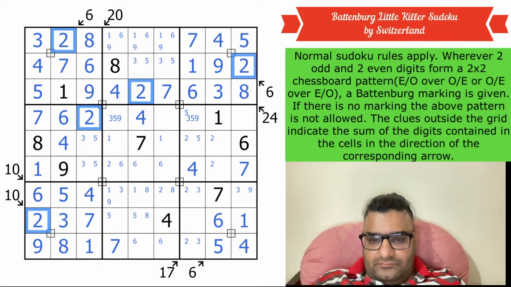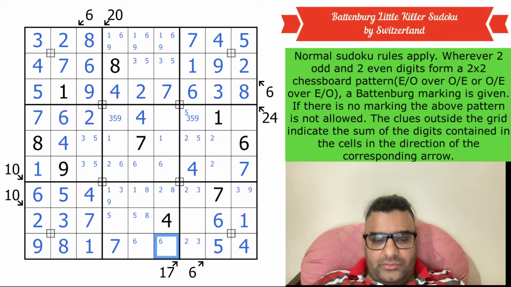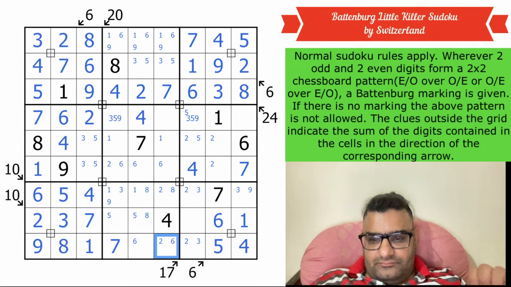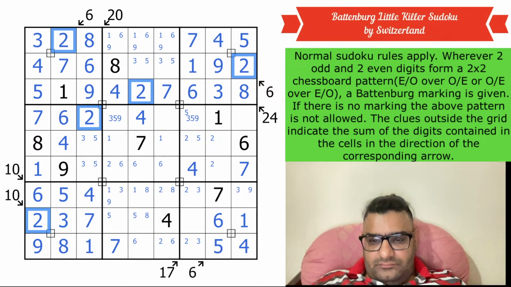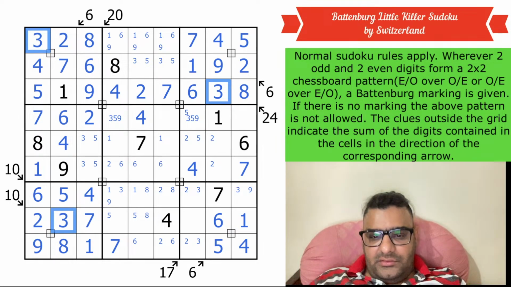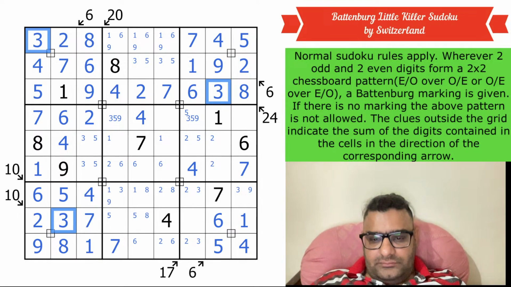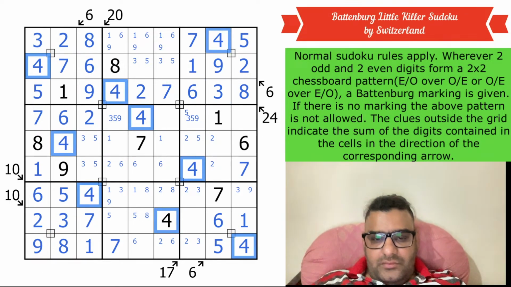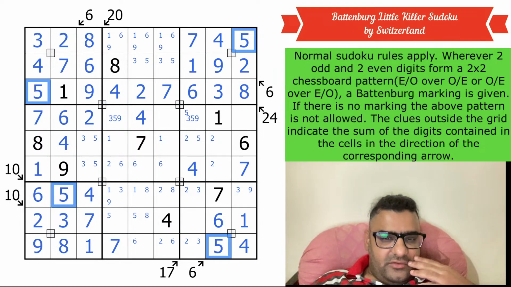Two can be here too. What about three? Three there, three there. 4, 5, 5 is there, 5 is there.